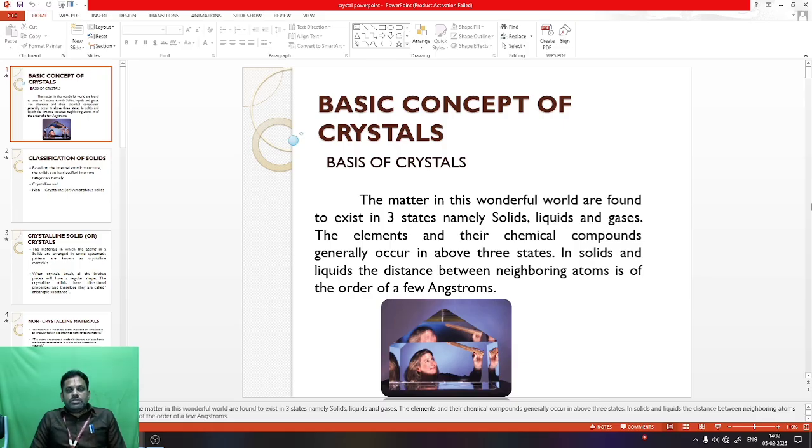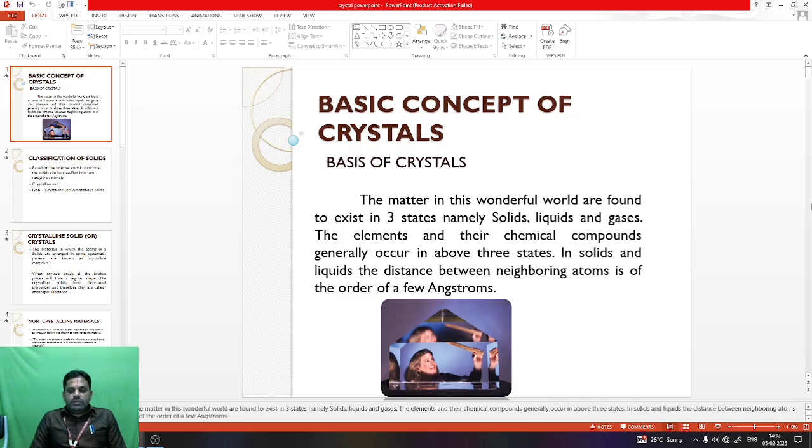Basically, solid materials are classified as crystals and non-crystals. We know very well that matter can be classified into three types: solid, liquid and gas. Solids are further classified into crystalline material and non-crystalline material.